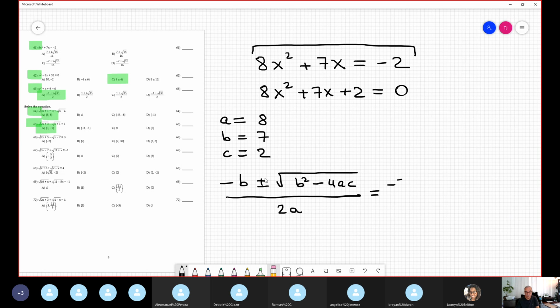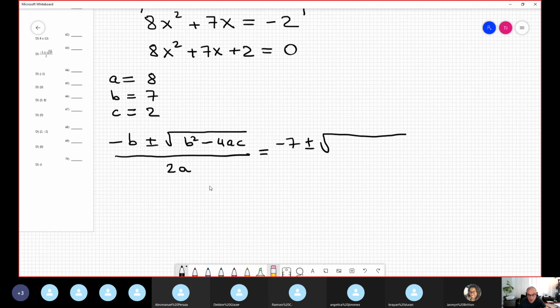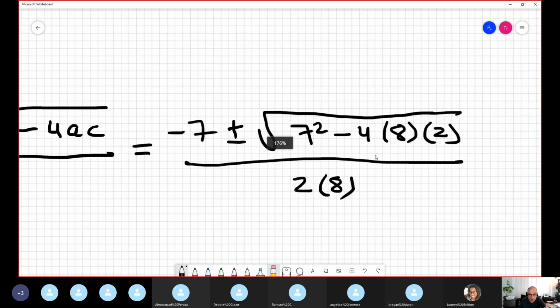This is negative 7 plus or minus the square root of 7 squared minus 4 multiplied by A multiplied by 2, everything divided by 2 times A. Again, I always try to do the expression inside first.